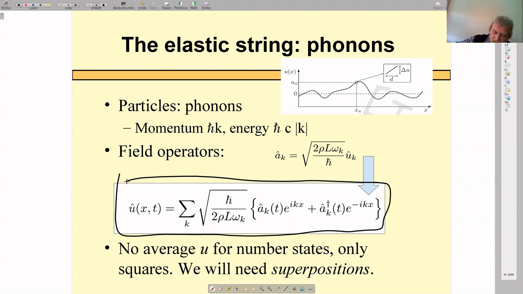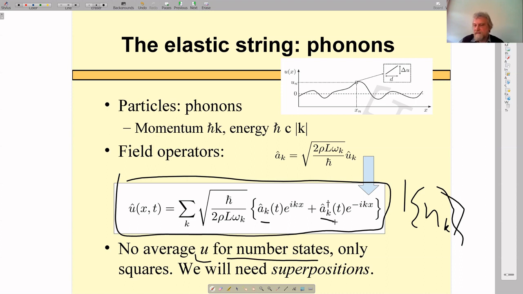Namely, if one takes the expectation value of u for any number state, one gets 0. Why is it so? Let us take a number state and act on it with these operators.